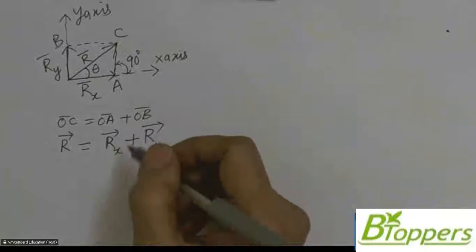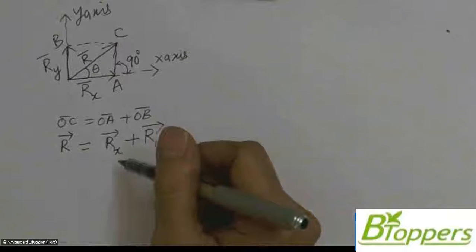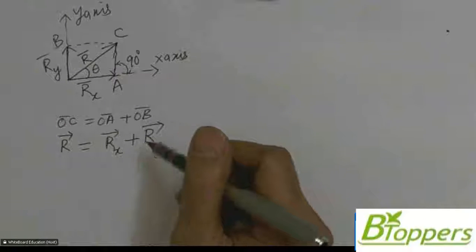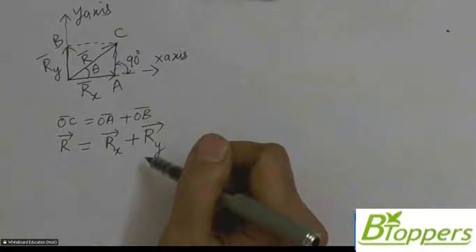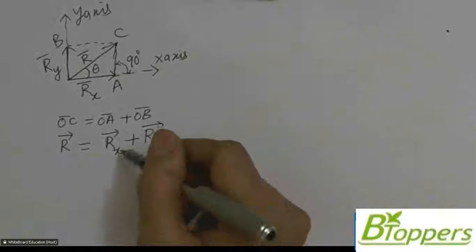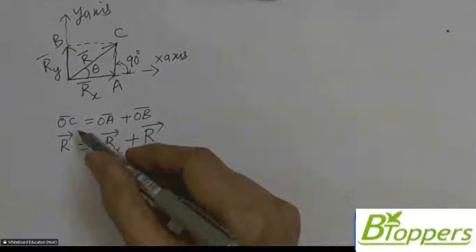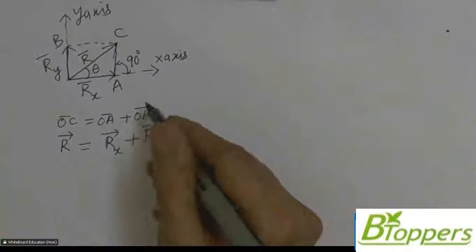So we can write R bar equal to Rx bar plus Ry bar. So Rx bar and Ry bar can be called vector components of R bar.